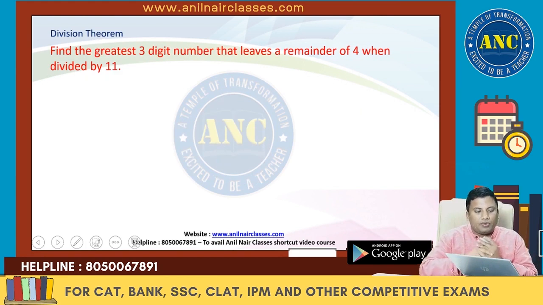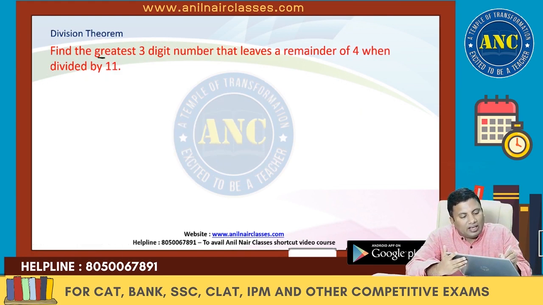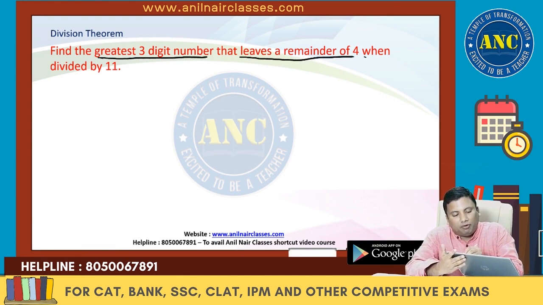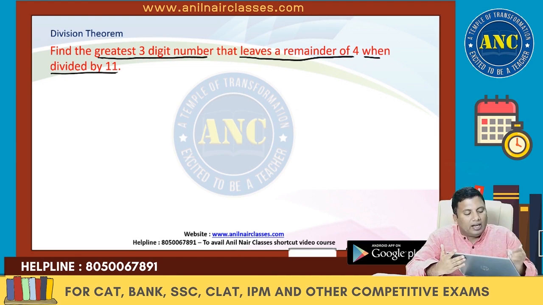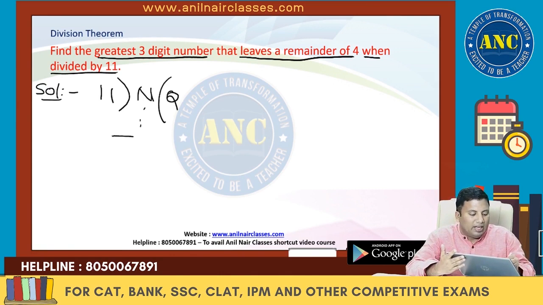Now next one: find the greatest 3-digit number that leaves a remainder 4 when divided by 11. Second question, there is a number n. When I am dividing it by 11, I don't know the quotient q, but it is giving a remainder 4.